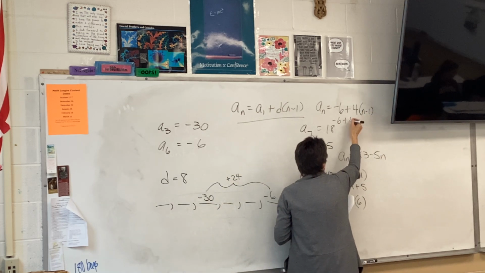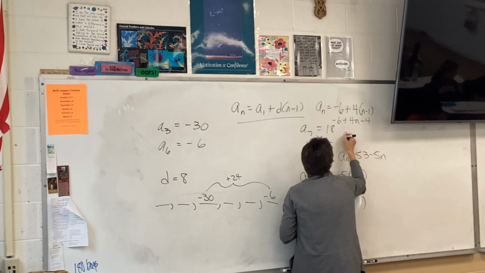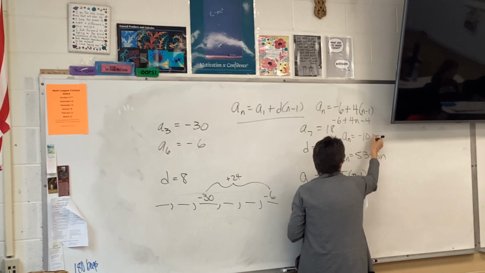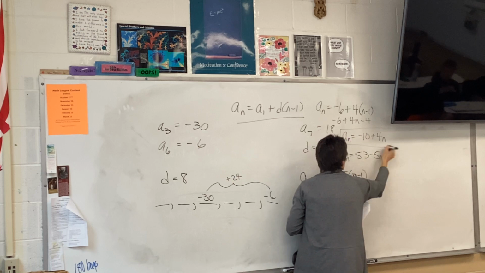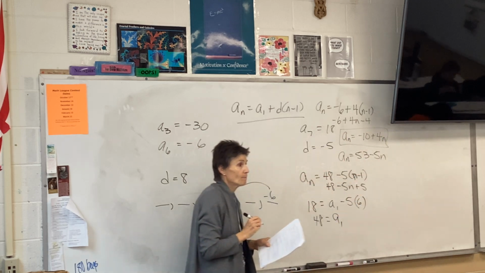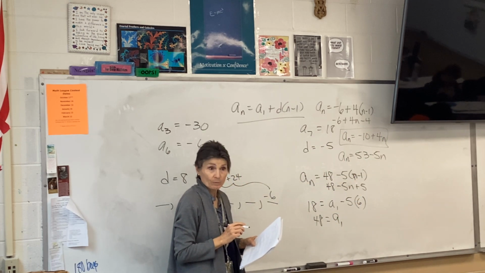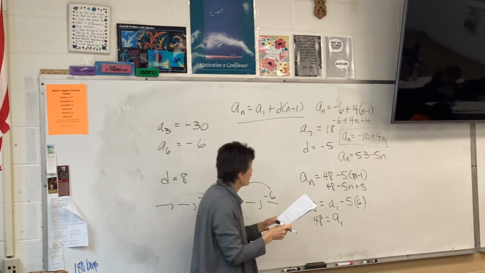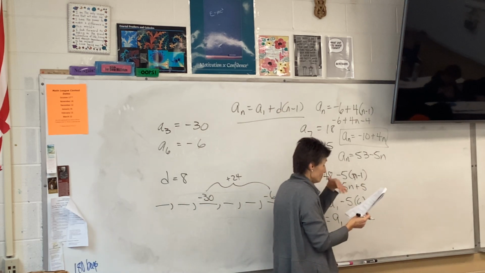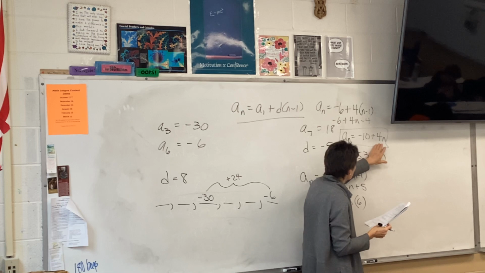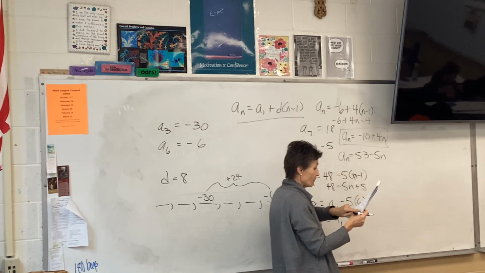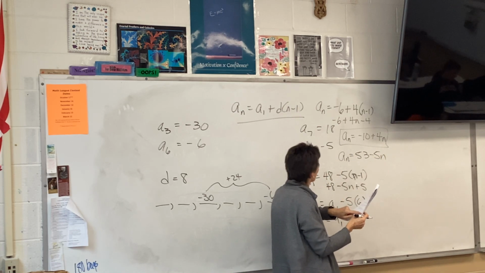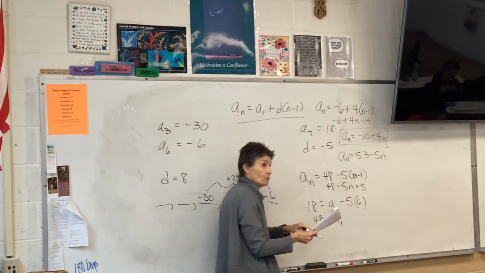So negative 6 plus 4n minus 4. I got negative 10 plus 4n. Does that look okay for the nth term? We could check it real easily, because if we put in 1, we should get negative 6, and we do. And if we put in 2, we should get negative 2, and we do.